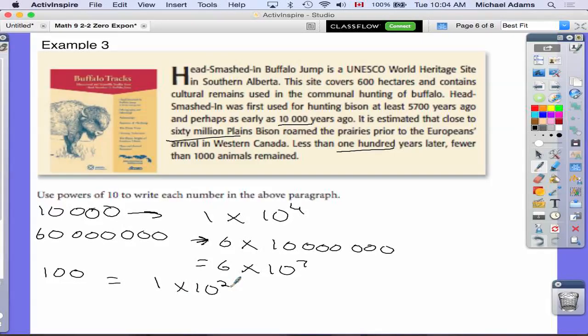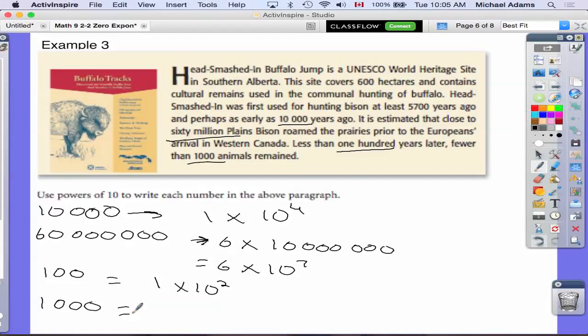Okay. And then what's our last number? Okay. 1,000 is our last number. Irene, what would that be as a power of 10? We have 10 to the exponent 3, but because my number is 1,000, what do I have to have in my answer?